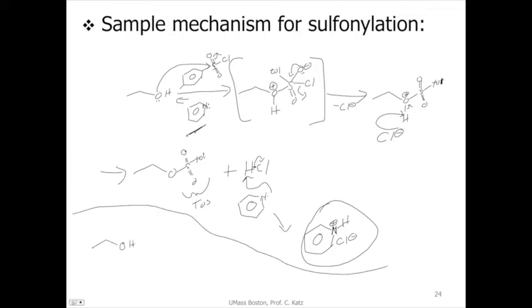You have your alcohol there, and then you have the HCl that you made. If you have HCl, this is going to protonate the oxygen of that alcohol, giving you this protonated alcohol, plus Cl minus. Now two things can happen.